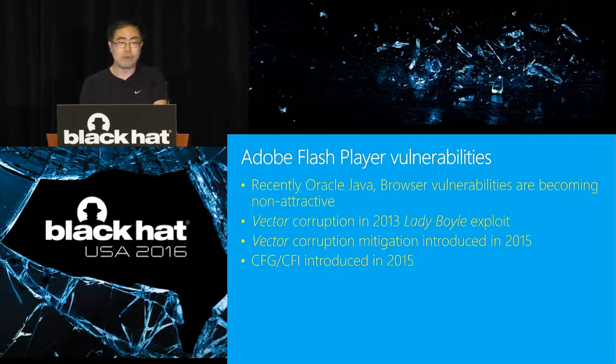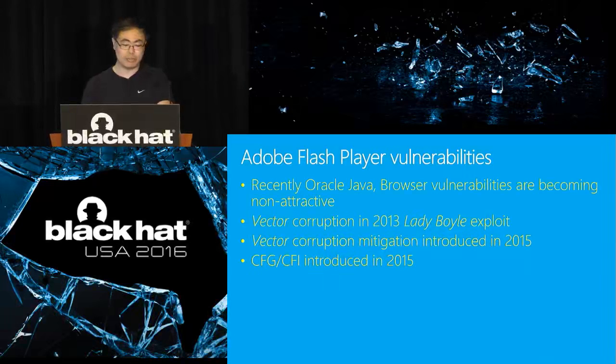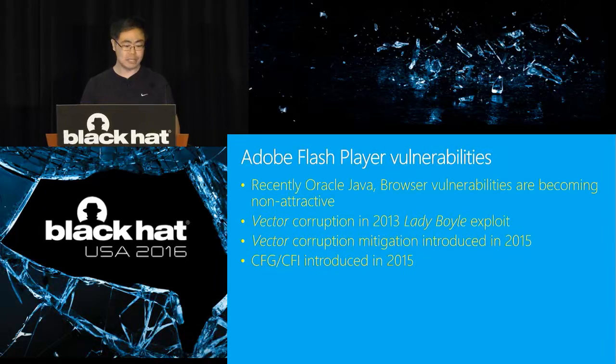And browsers got more secure because of CFG, isolated heap, and all those mitigations. So those targets became less attractive to attackers. That's when Adobe Flash Player exploits came back, especially after 2013, with the Lady Boyle exploit, which introduced the vector corruption method.